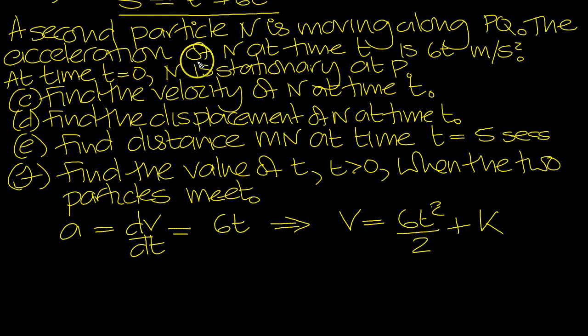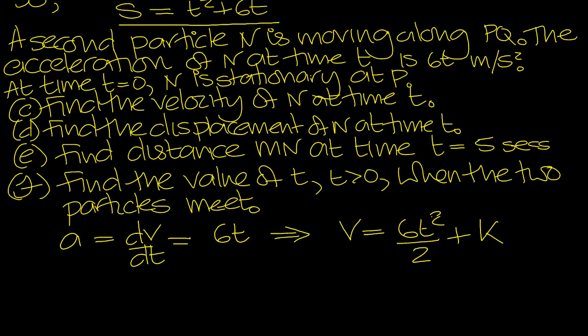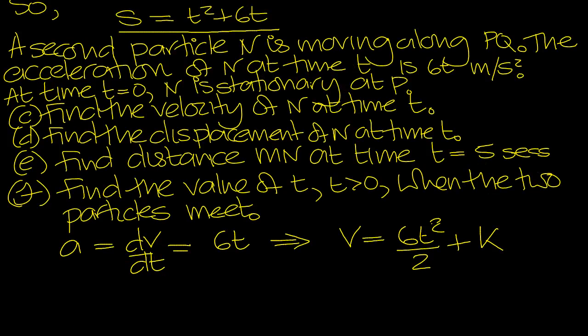At time t equals 0, n is stationary at P. Find the velocity of n at time t. Find the displacement of n at time t. Okay, I'm going to check the question now to see if I've got all the information.